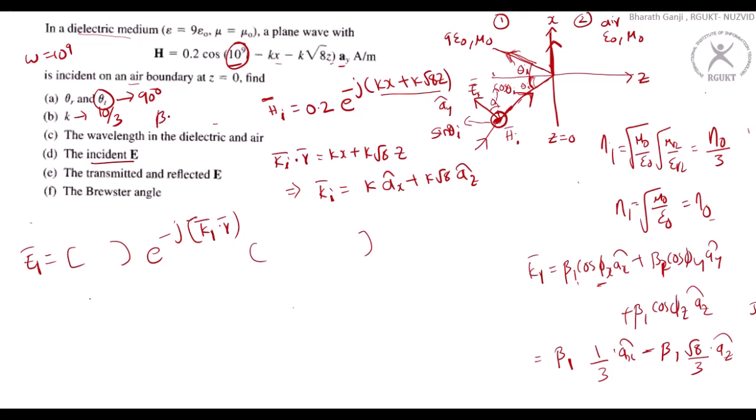So beta 1 is nothing but omega times square root of mu naught epsilon naught into square root of mu r1 and epsilon r1, that is 9, that is 3, and we had the value of omega which is 10 to the power of 9, and square root of epsilon naught by mu naught is 1 by 3 into 10 to the power of 8. So I can see that 3 gets cancelled out and I have 10.